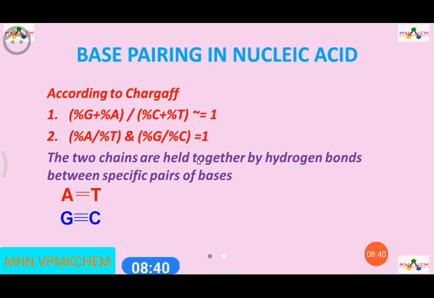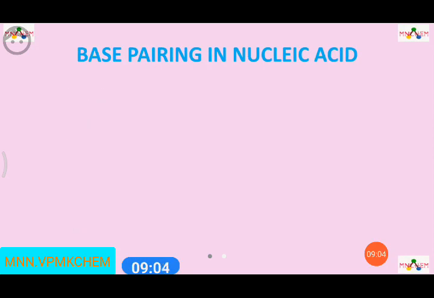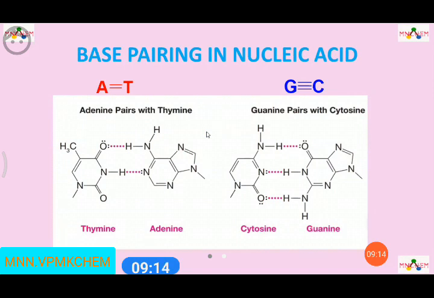The hydrogen bonds present between adenine and thymine are 2, whereas 3 hydrogen bonds are present between guanine and cytosine. It can be represented with a structure in the following manner: adenine and thymine having 2 hydrogen bonds between them, and guanine and cytosine having 3 hydrogen bonds between them.